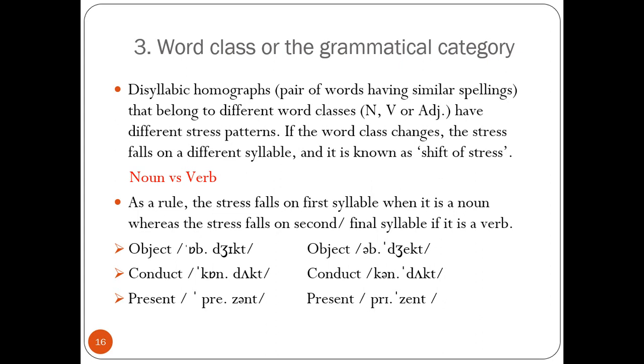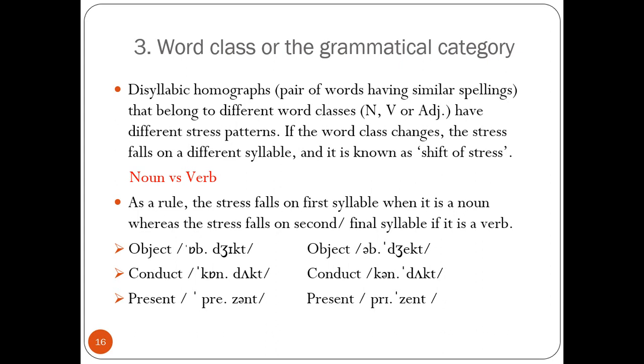So ab is a syllable which contains schwa, and schwa is never stressed. It means any syllable which has schwa is never stressed. So the first syllable is not stressed, rather it is the second one, and even the second syllable is also changed. How? In noun you have got ject, and in verb you have got ject.